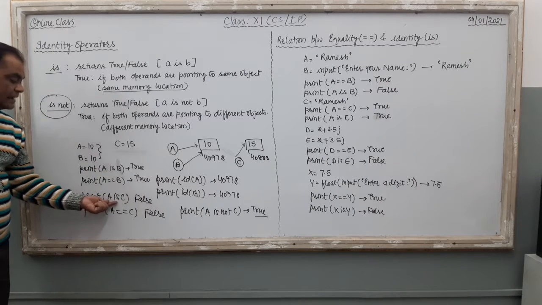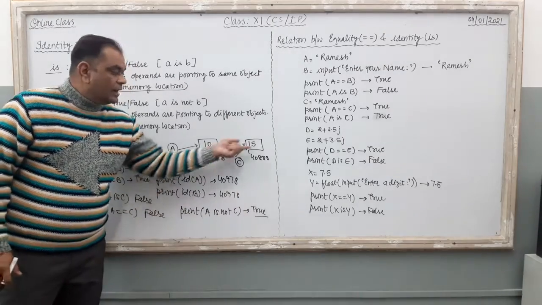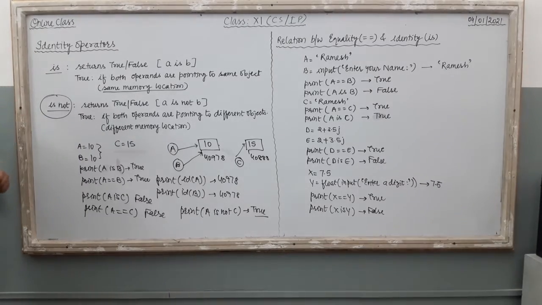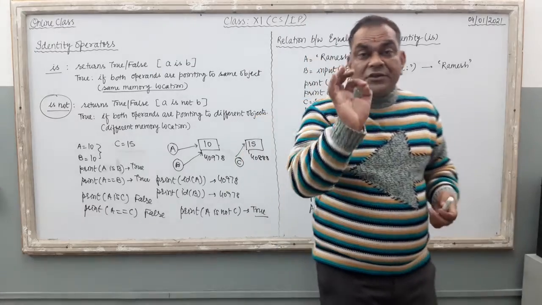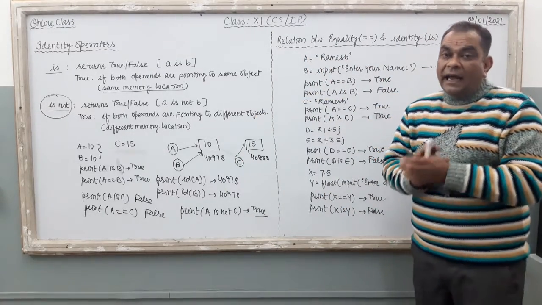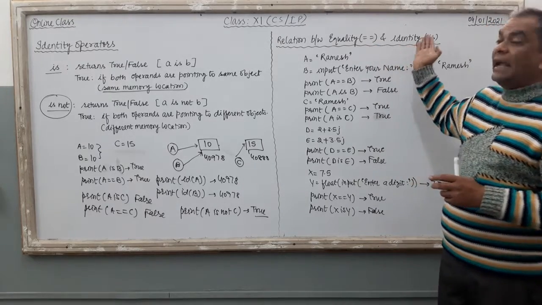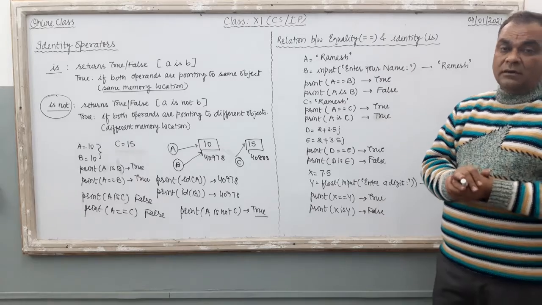Just check this one: A is C, false. A is not C, yes, it is true. A is not equal to C here. Done? So these two identity operators are there, and somehow we can say the equality checker operator of Python is the same as this identity operator, but only in some conditions.